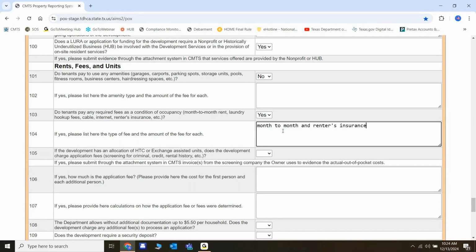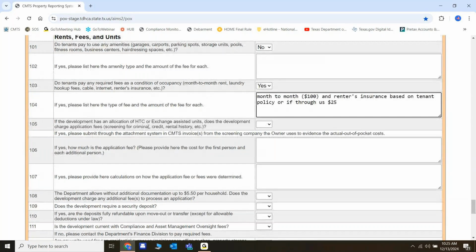And how much do you charge? Well, our month-to-month is $100 and our renter's insurance is based on tenant policy, or if through us, $25. Okay.